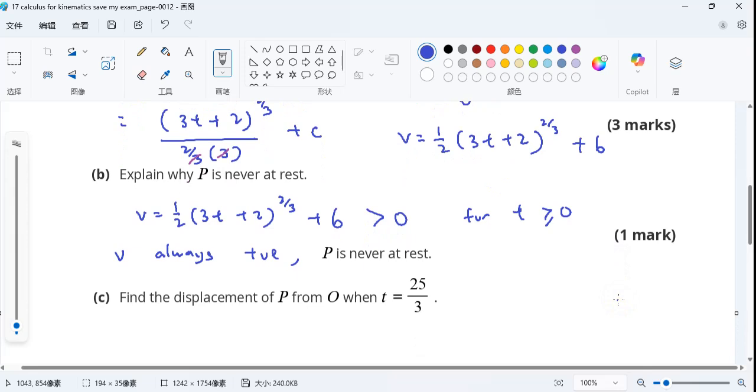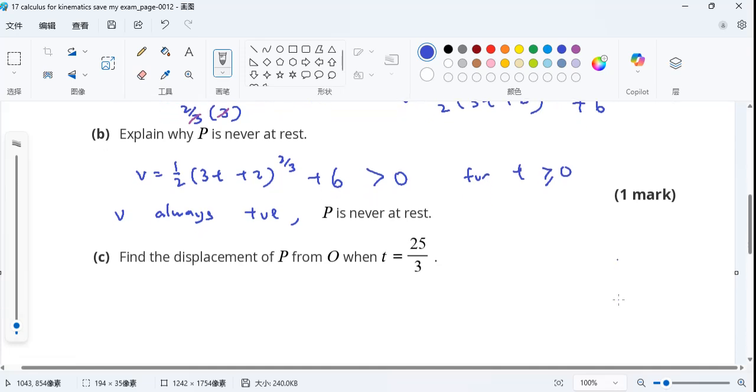Find the displacement for P when t equal to 25 over 3. So we know that the displacement s is integrate v dt. Then it will be integrate half 3t plus 2 to the power 2 over 3 dt.